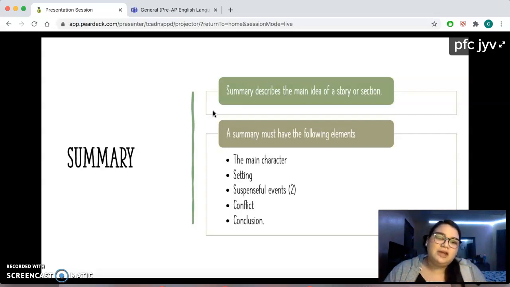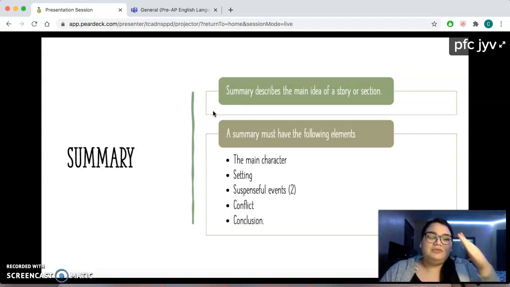If you look at it through the main characters and the setting, that would technically be your exposition, because that's where they're exposing us. They're giving us that information about who is who, where it is taking place, and what the conflict is. We have the conflict there too. We also have our suspenseful events, which would be the rising action. Then we have our most changing point, which is the climax.